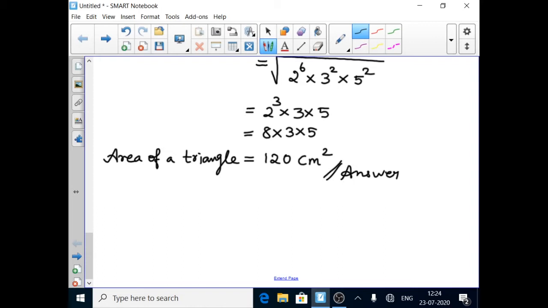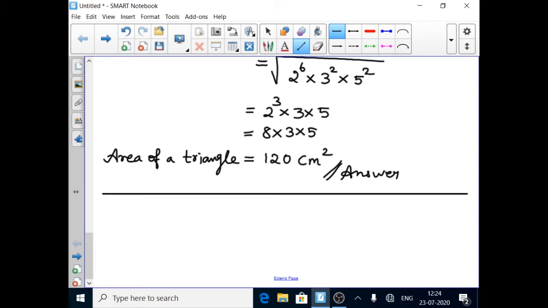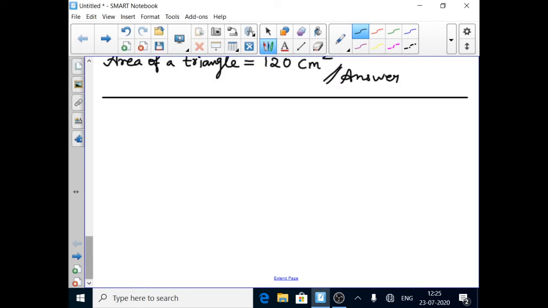Okay, so the next one, second subdivision. First question, second subdivision. Okay, this is also the same thing, but this second problem is given in decimal numbers. Okay, so what is that?